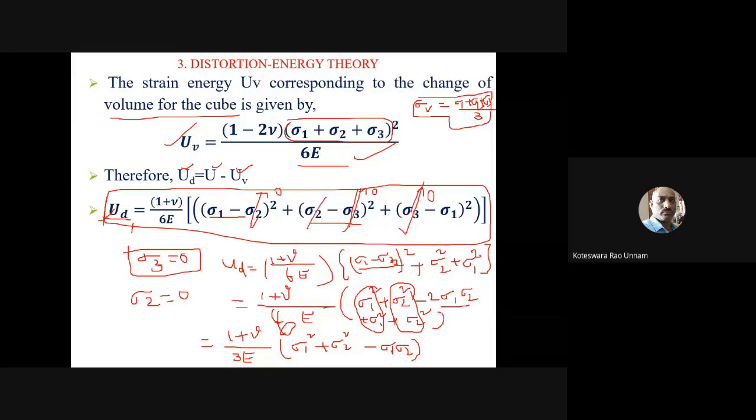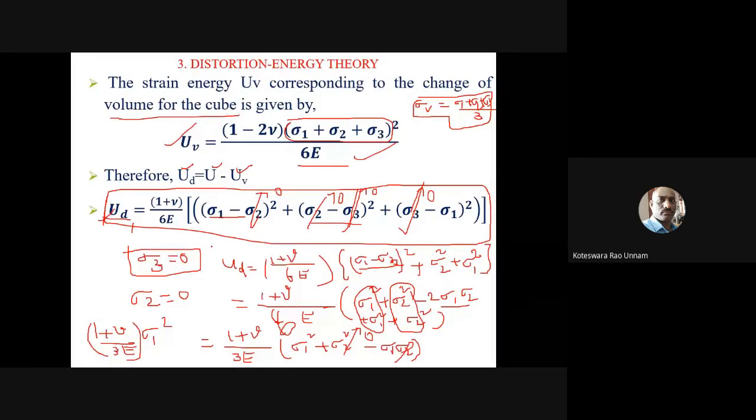So in this expression I need to put sigma 2 as 0. Then I get (1 plus nu) by 3E, and the other terms are 0, so what I am left with is sigma 1 square only. So this is the expression for the uniaxial state of stress.